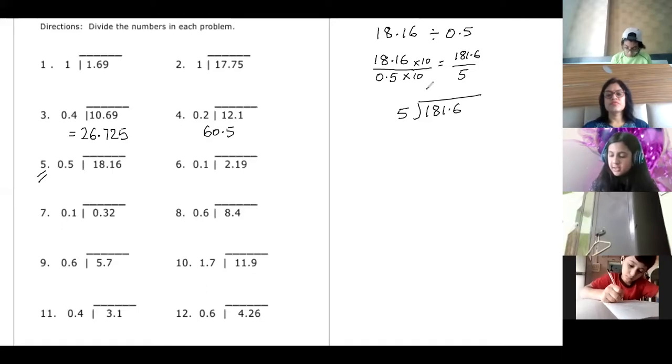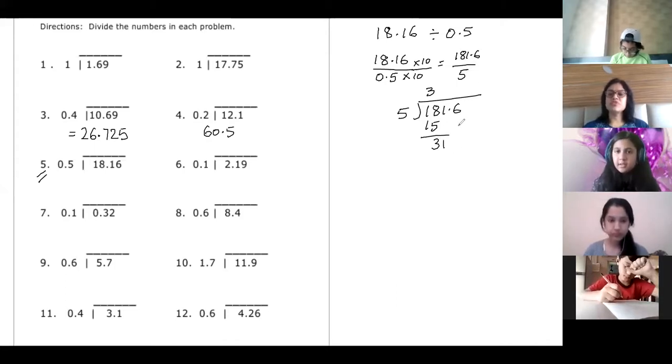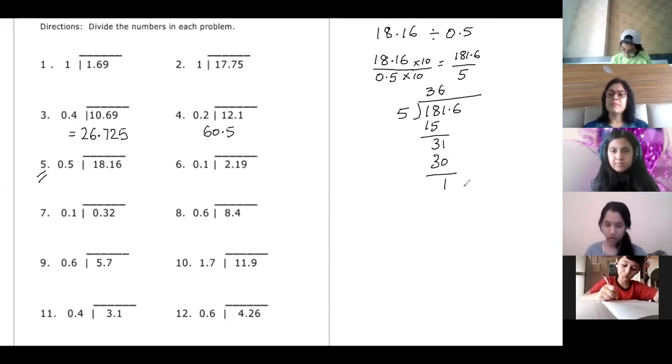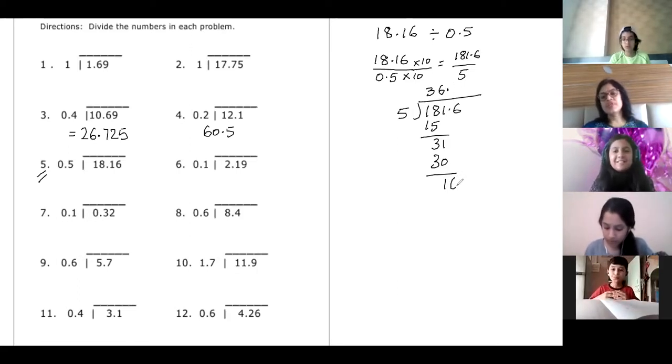I got a 6 also. 3, 3s are 15, 18. 3, 3s. 1 comes over here. Then 6, 13, then 1. Then what will happen in the quotient? You put a point. Okay. And then 6 will be here.